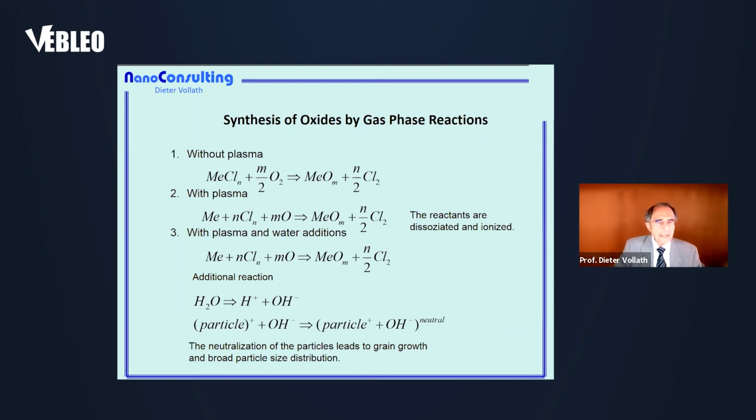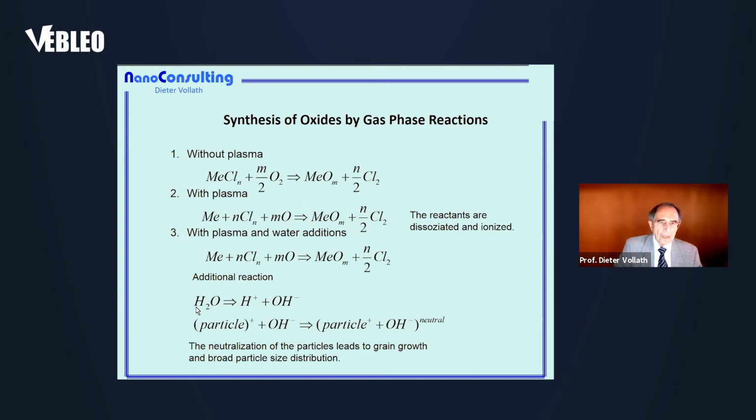Now, what happens in the case when we have a plasma and our carrier gas contains some water? In this case, at first, we have the same reaction as above.